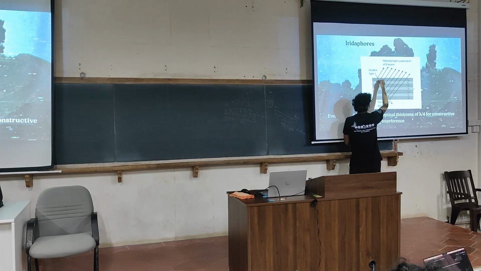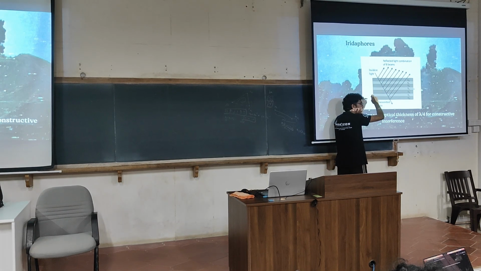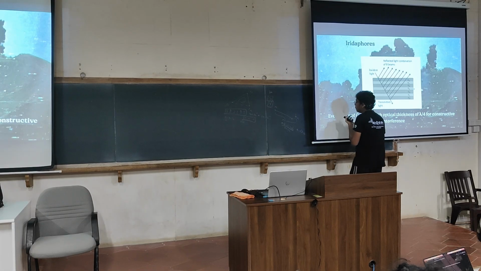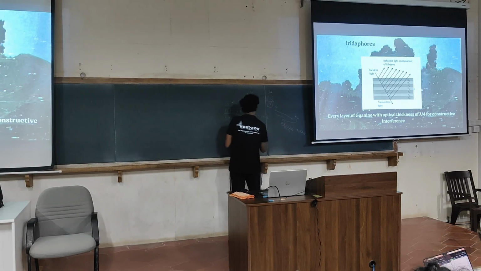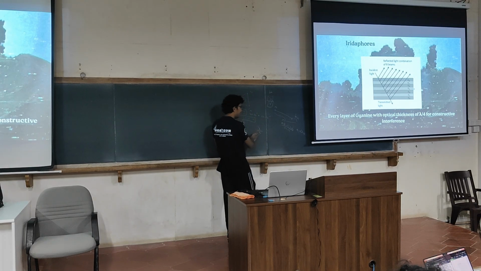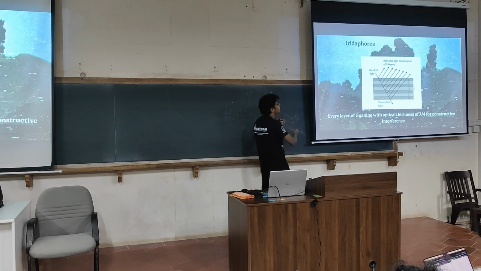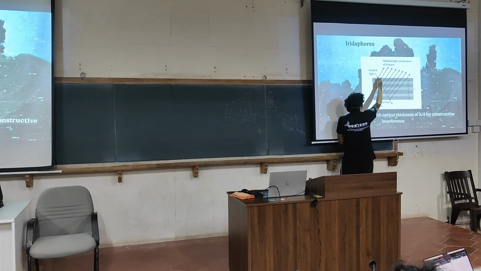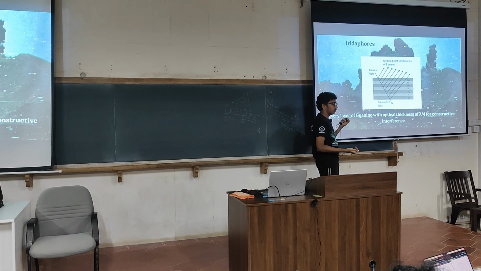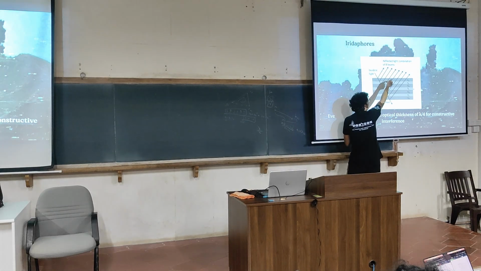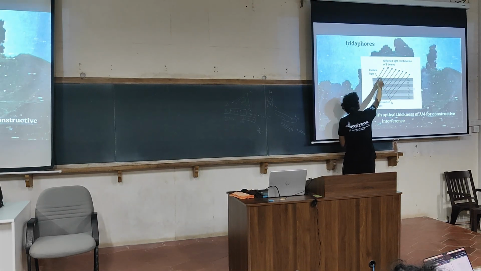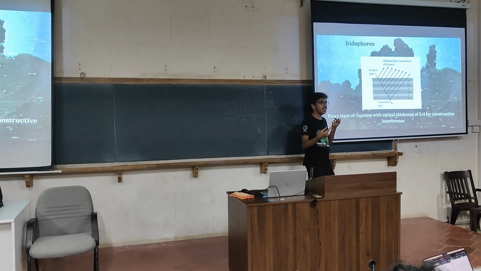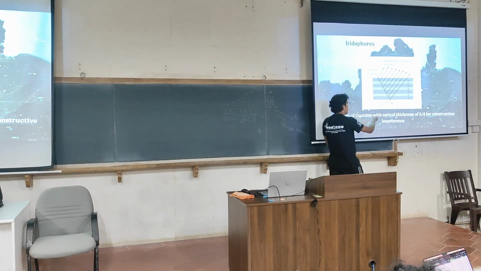But now the extra distance covered by this light is exactly equal to lambda by 2. When it is exactly equal to lambda by 2, this light and this light will constructively interfere. If this distance is not equal to lambda by 2, these two lights would not constructively interfere. And I have several layers.